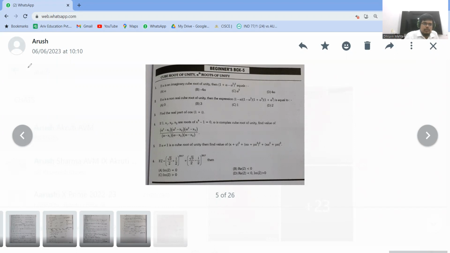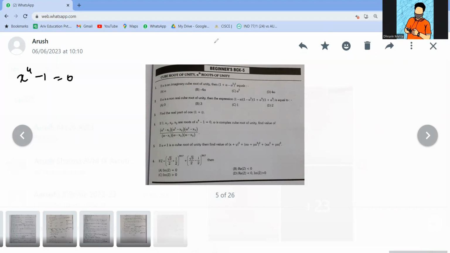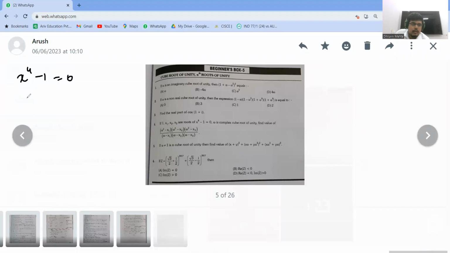So first solve this equation, Arush, and find all the possible roots. See, x raised to 4 minus 1 can be written as x square minus 1 into x square plus 1. It's basically the a square minus b square formula, right?